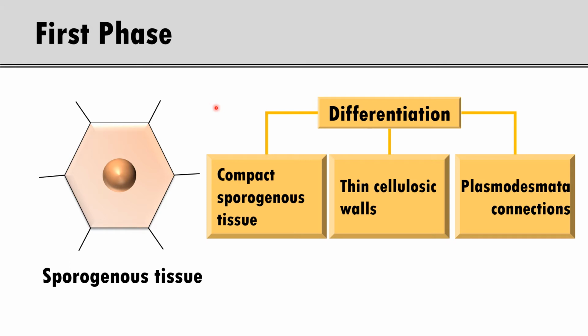So the first phase begins with the differentiation of the compact sporogenous tissue.